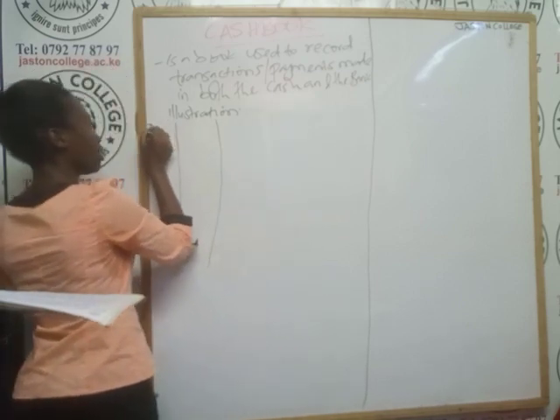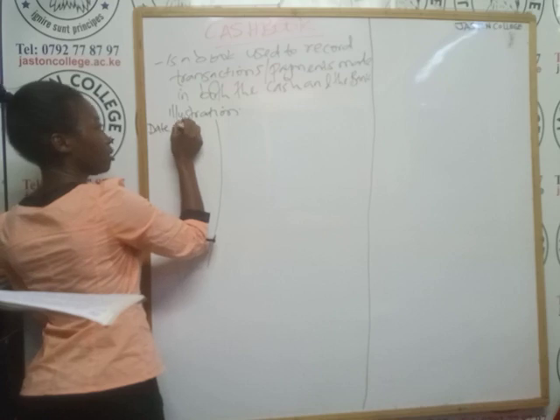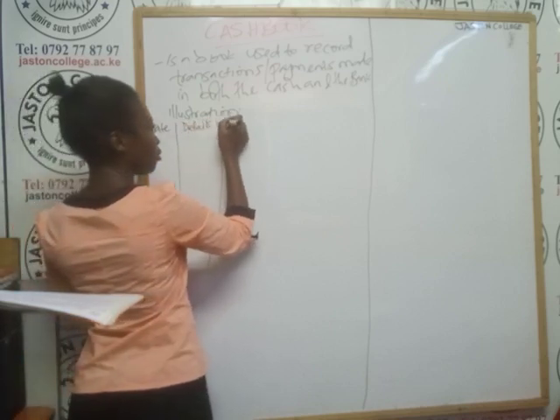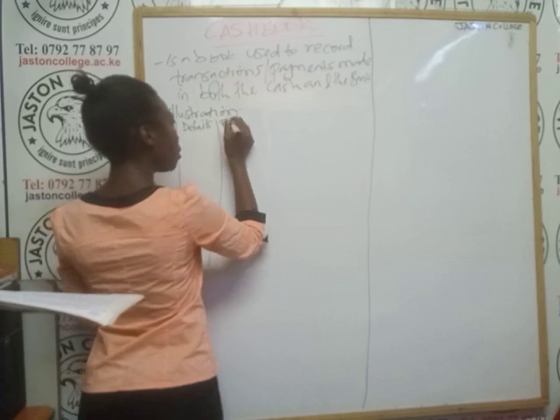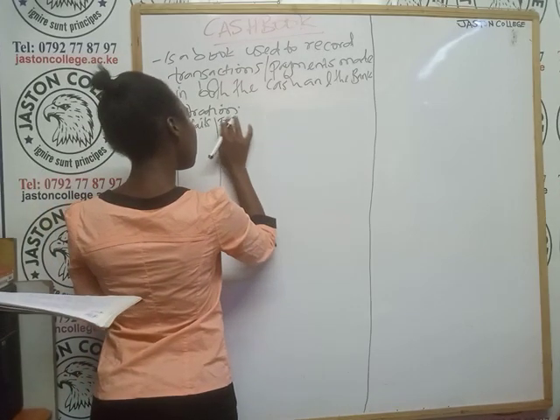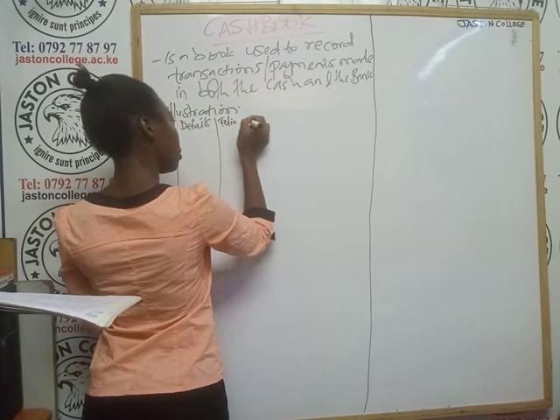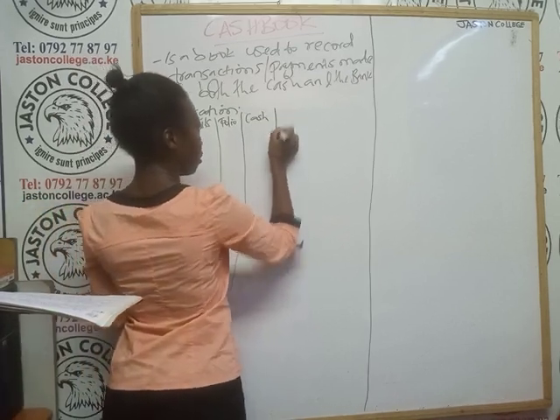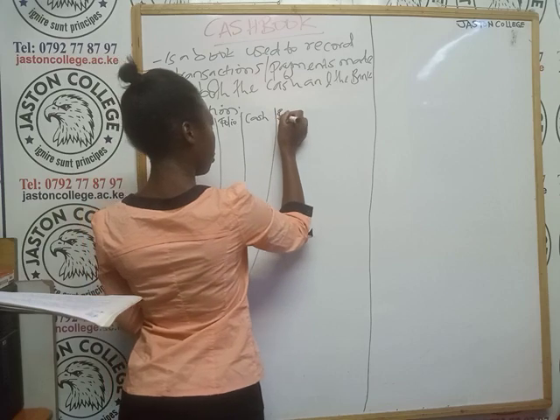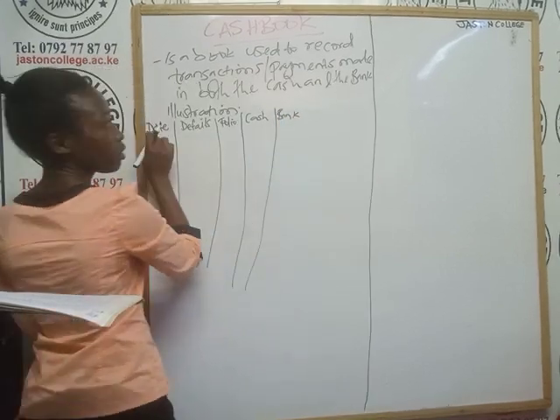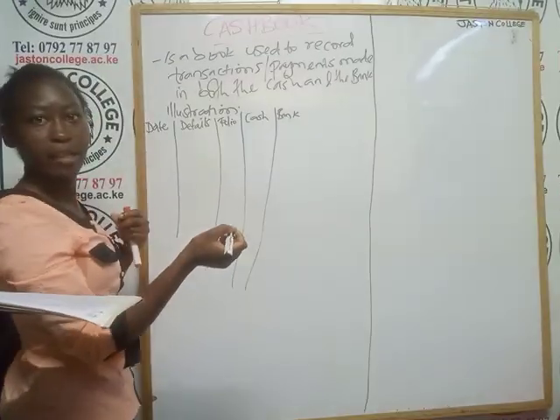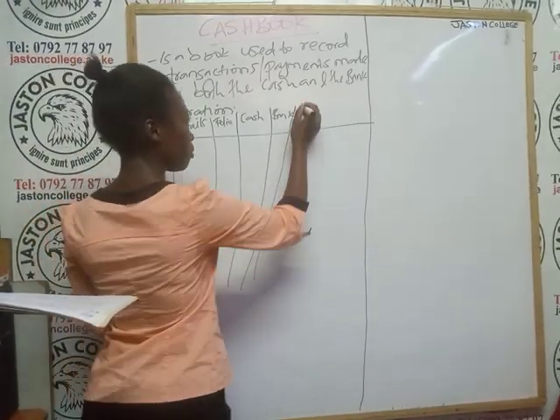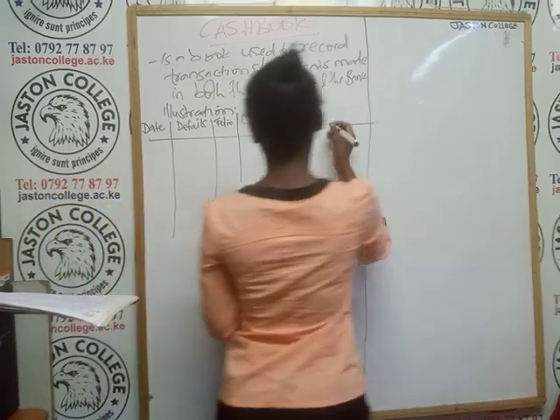So we will have the date, details, folio, then the cash and the bank on both the debit and the credit side. So we will also do the same on this side.